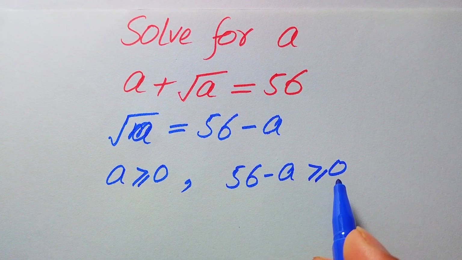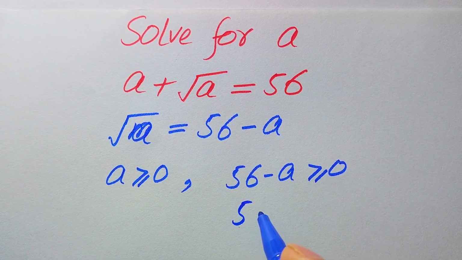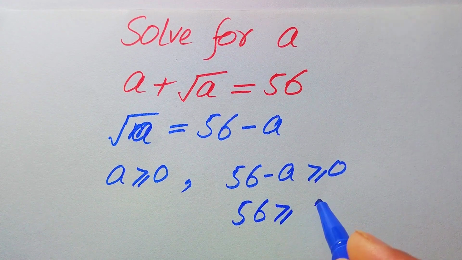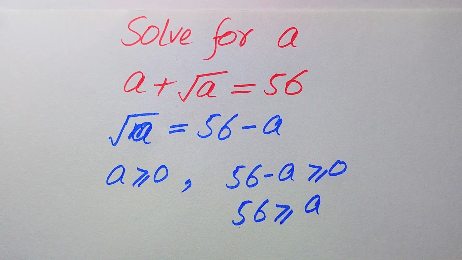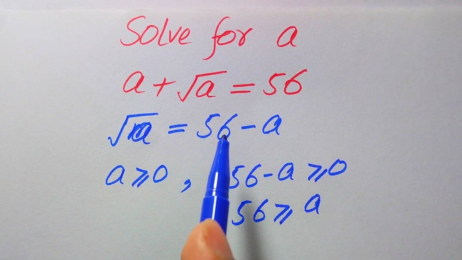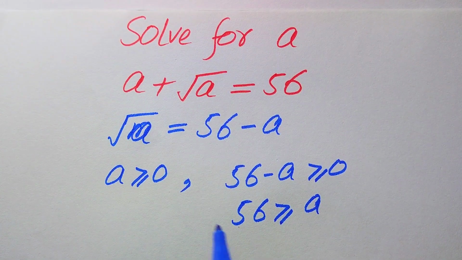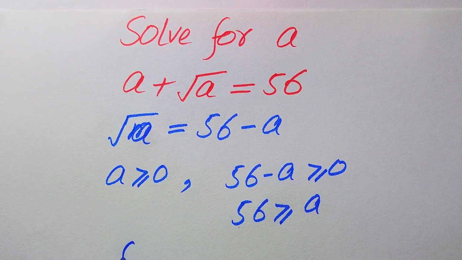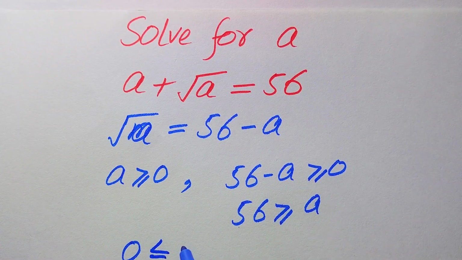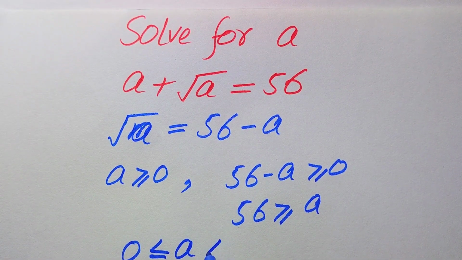So 56 is greater than or equals to a. When we combine both of these two inequalities, it will be written as 0 less than or equals to a less than or equals to 56.